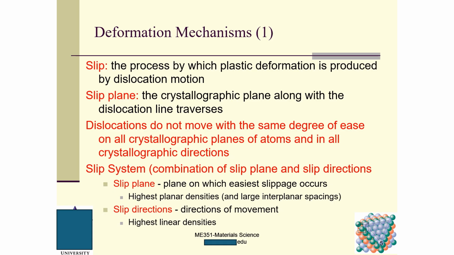The slip plane is the plane on which the easiest slippage occurs. Easiest means minimizing the energy of the system. If there is any deformation, it only occurs in a direction in which minimal energy is needed.